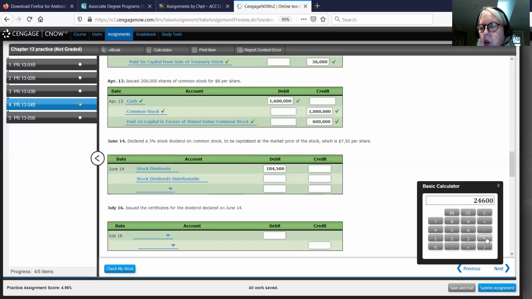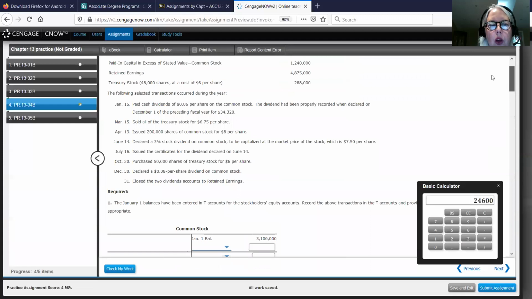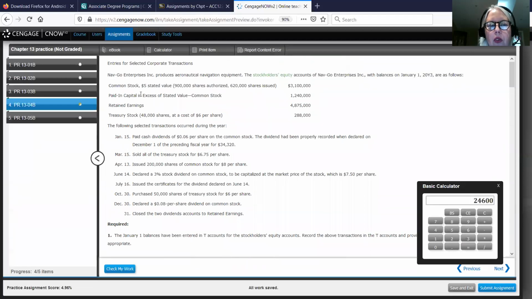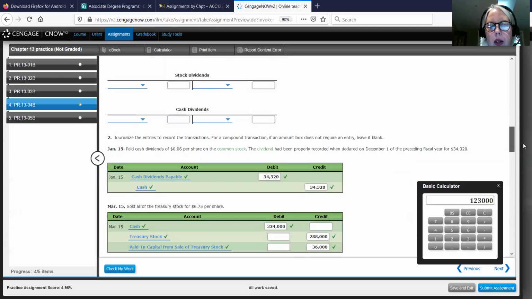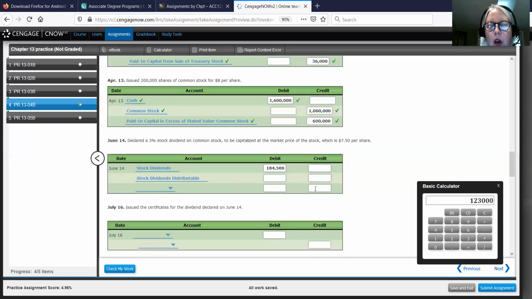And we're going to multiply that by the par value, or the stated value in this case, of the common stock. The stated value was $5. What that will give you is the total stated value of the stock dividend distributable, which is $123,000.